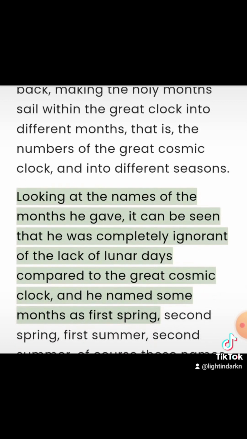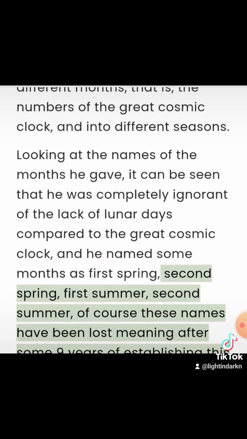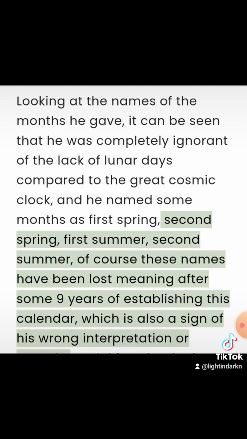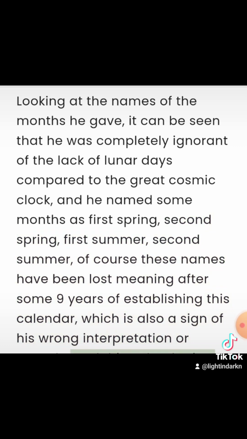Looking at the names of the months he gave, it can be seen that he was completely ignorant of the lack of lunar days compared to the great cosmic clock, and he named some months as first spring, second spring, first summer, second summer. Of course, these names have lost meaning after some 9 years of establishing this calendar, which is also a sign of his wrong interpretation or agenda. And this calendar is a direct rebellion against the cosmic clock, against the signs created by the Creator, and against the Creator himself.